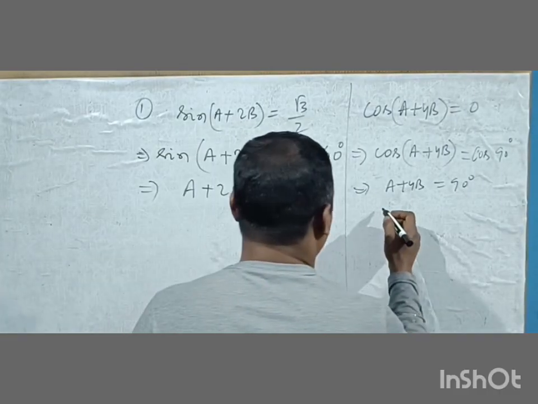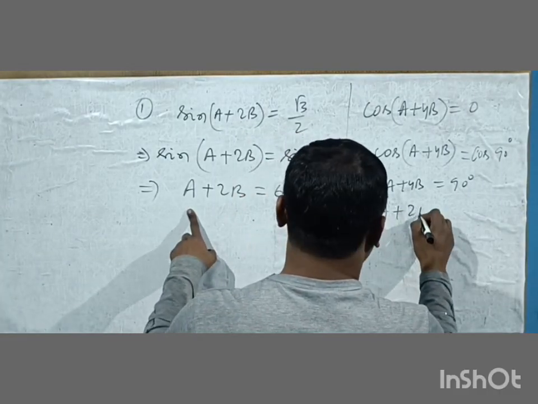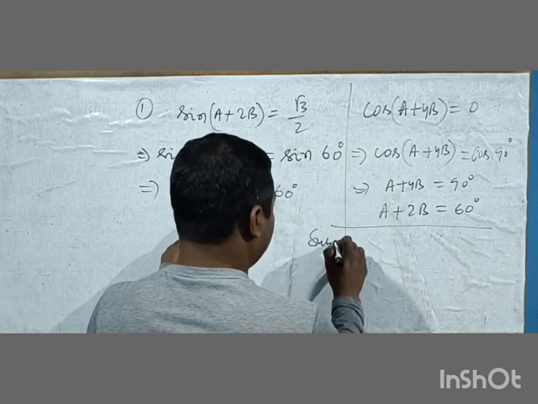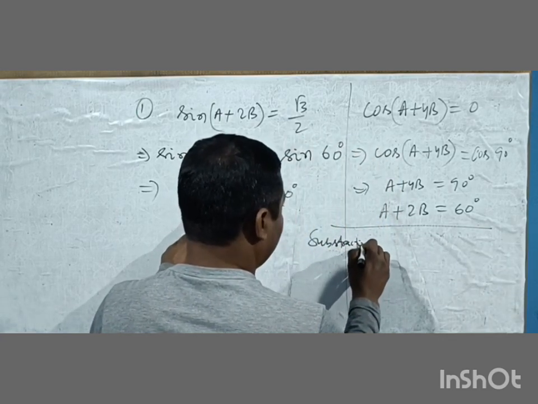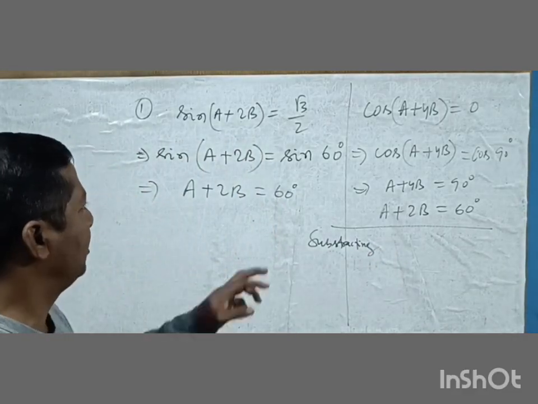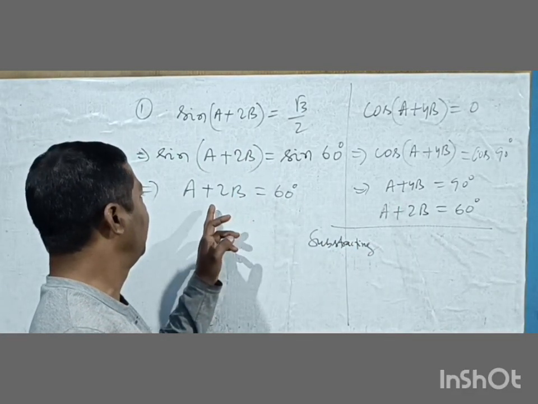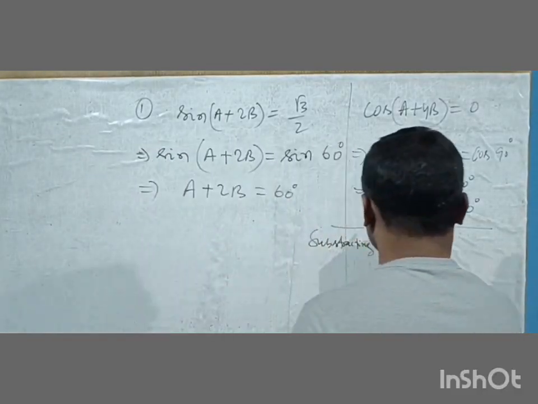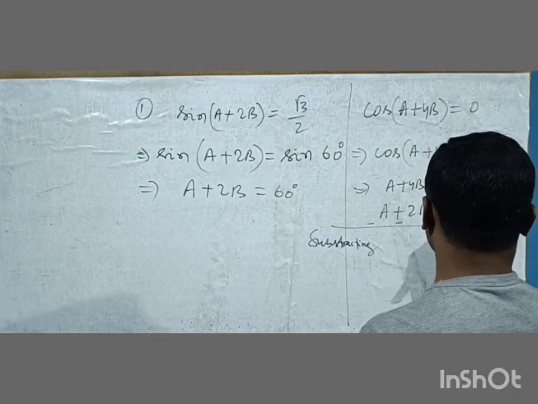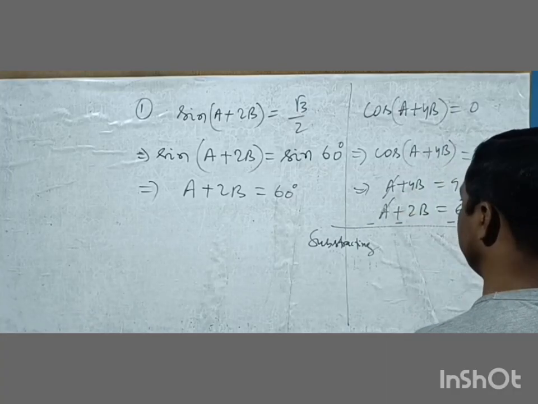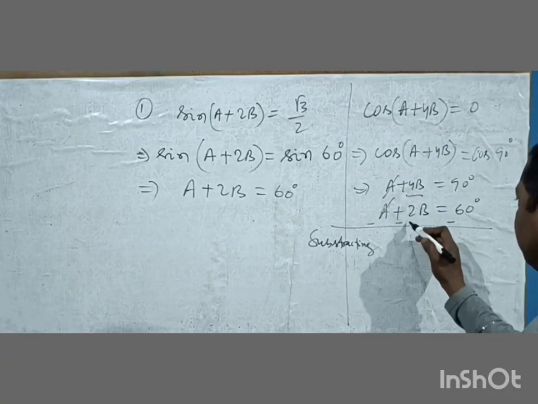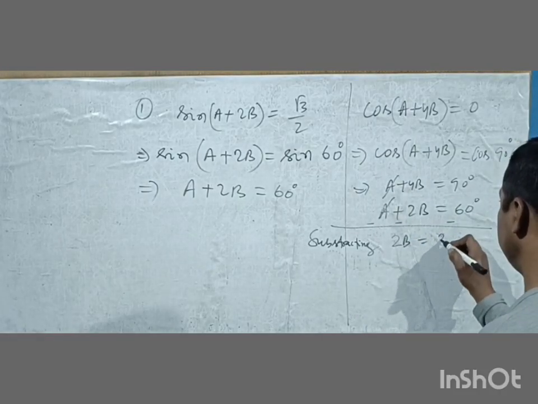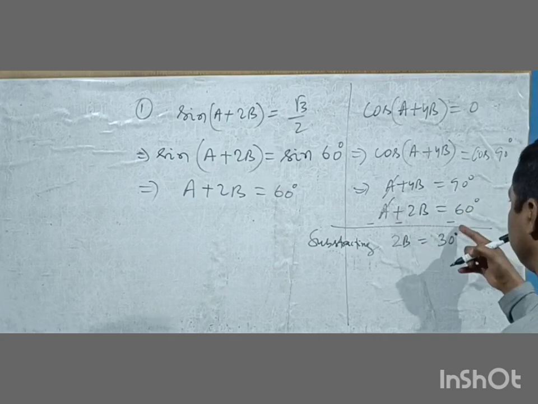I write a plus 2b as 60 degree and subtract, because this is the greater value, so I have written it below. Now subtract: this will be minus, this will be minus, this will also be minus. a minus a is cancelled. Here 4b is there, here minus 2b is there. 4b minus 2b is 2b, and 90 minus 60 is 30.